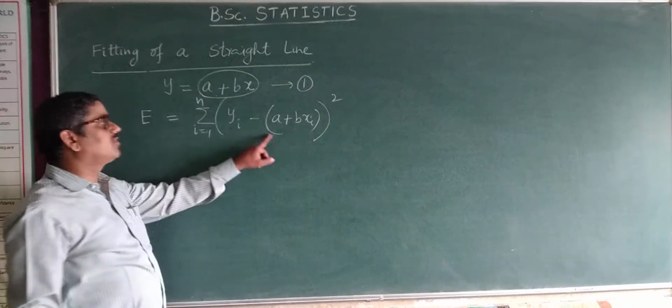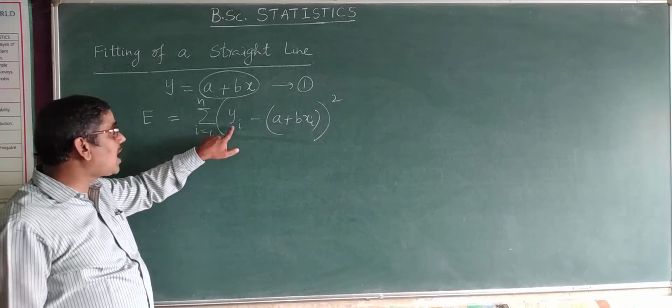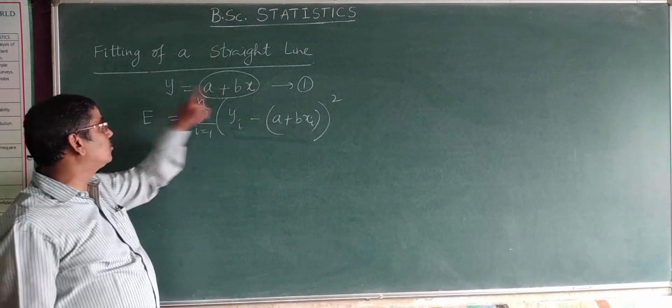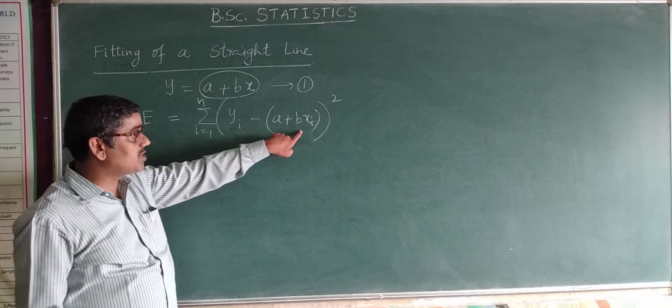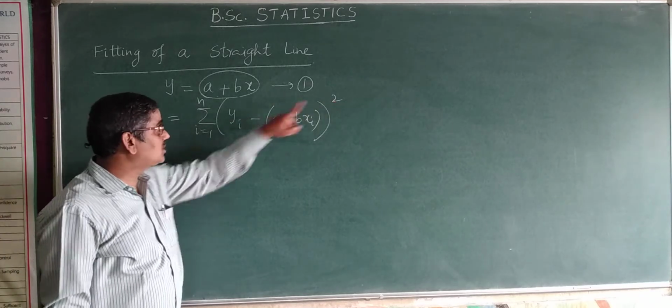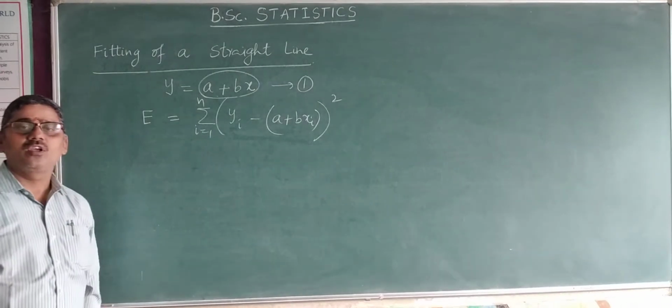This is the sum of the squares of the residuals. This is the residual, the deviation from the actual value to the estimated value. This is the estimated value I have considered. yi minus a plus bxi, the whole square, the sum of the squares of the residuals. This is called e.